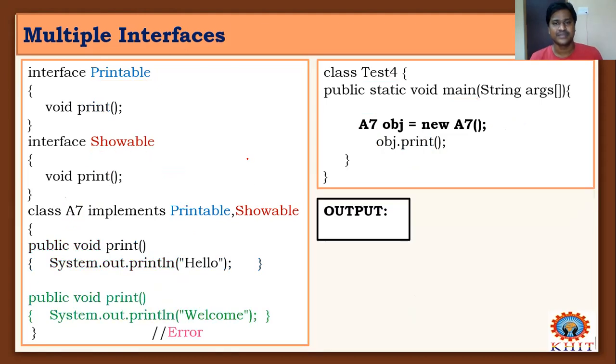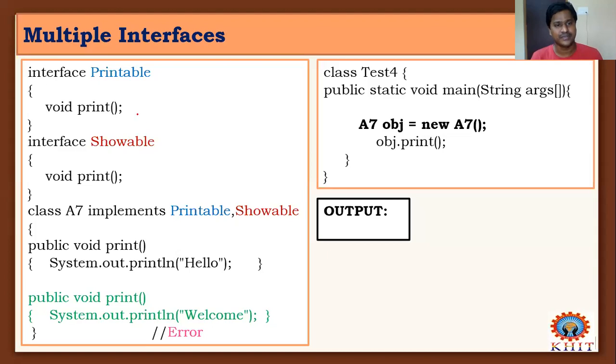Okay. Next, coming to another multiple interface example. See the variation. Again, there is a printable interface with a print method, but the showable interface again has the same method type and method name.